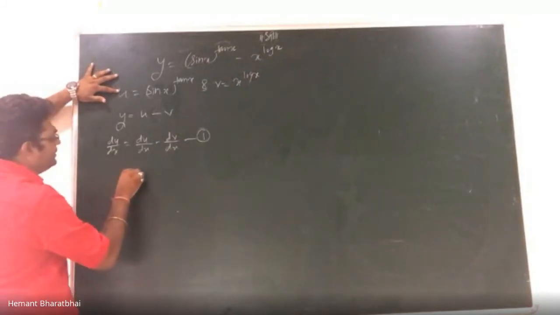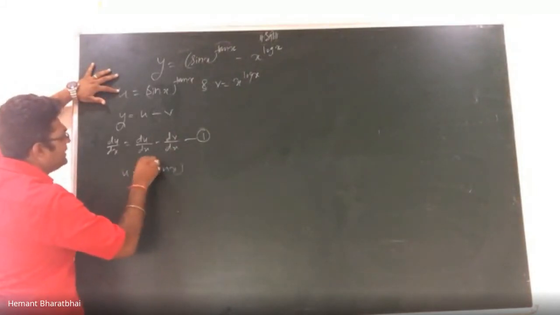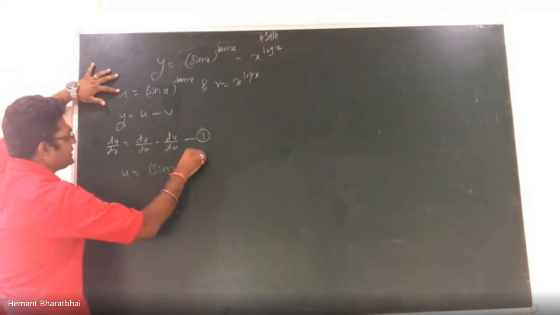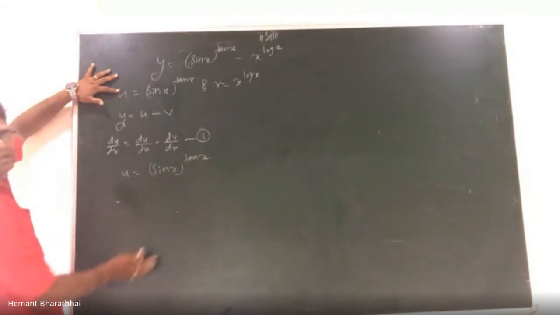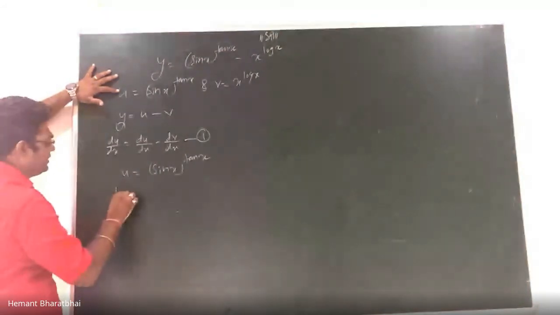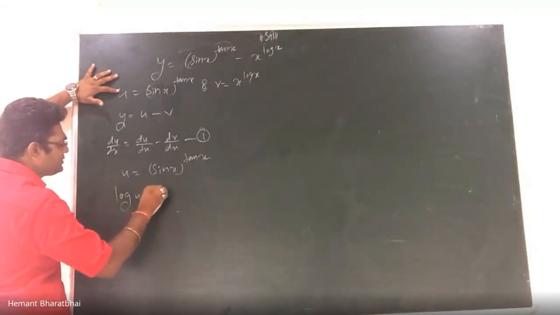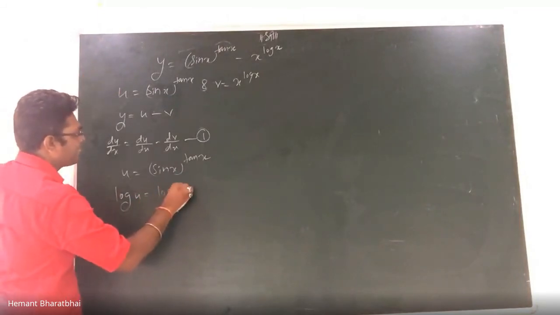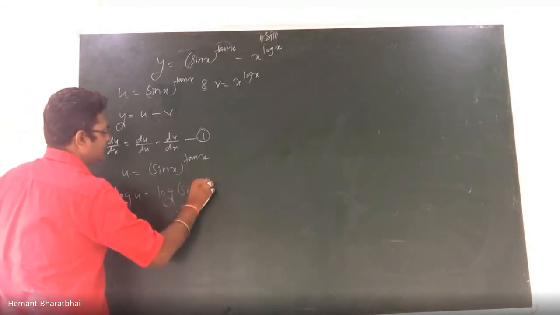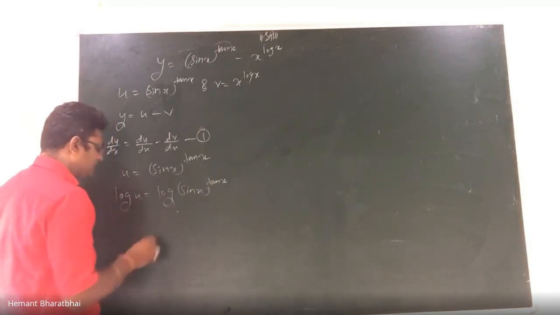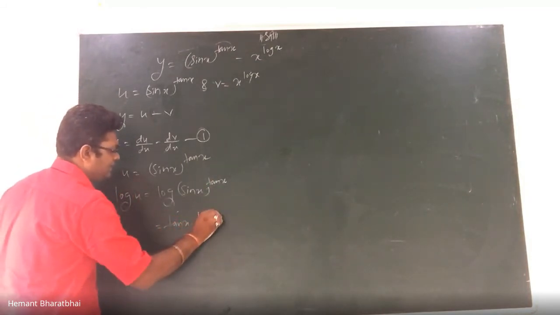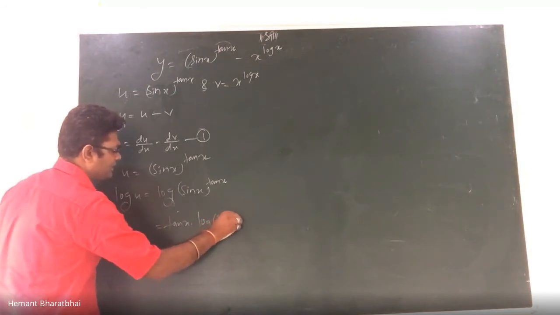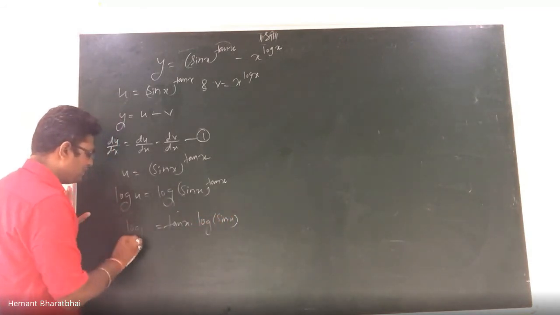So my u is sin x raised to tan of x. I directly cannot take derivatives, so I will take log. Log of u equals log of sin x raised to tan x. The power will come down, so it can be written as tan x into log sin x.